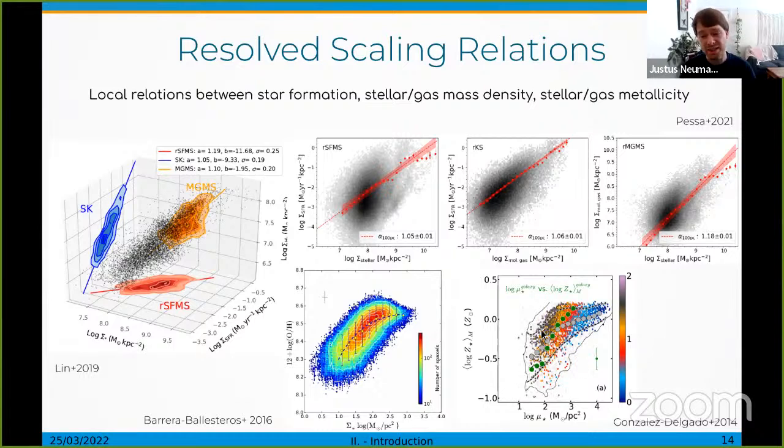For the stellar metallicity, there hasn't been so much work yet on the resolved relations. And this is where my work comes in, that I present today. We really wanted to make use of this large sample of the MaNGA survey, which is about 10,000 galaxies, where we can look at resolved relations and correlations and try to understand what drives the stellar metallicity in galaxies.